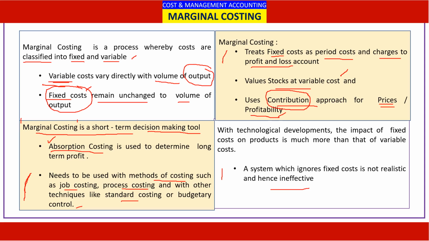You may not be taking a realistic decision if you ignore the fixed costs. That is where they say marginal costing may be a fantastic tool, but it cannot totally ignore the fixed costs on products, because today it is not the time of variable costs, it is the time of fixed costs. This raises a fundamental doubt on the viability of marginal costing as a decision making tool.